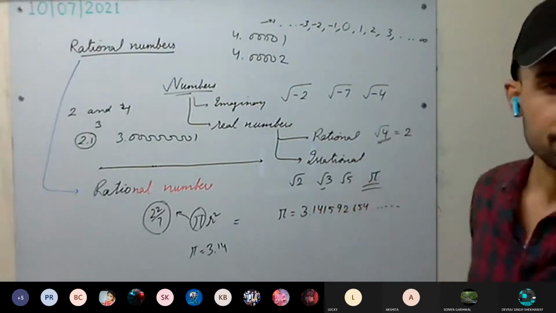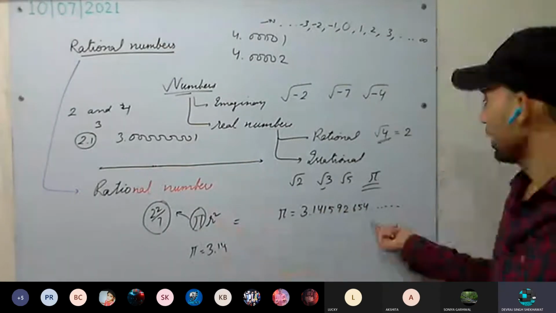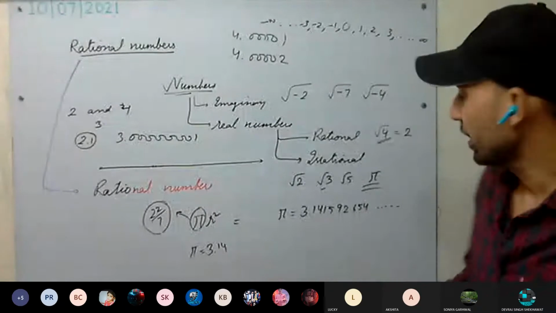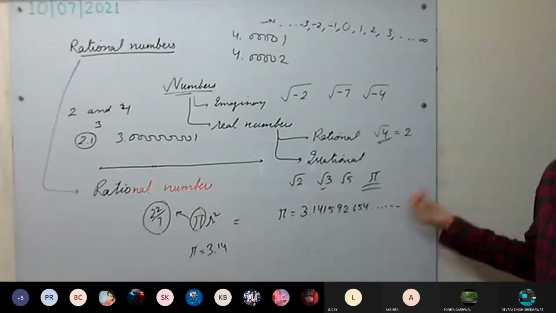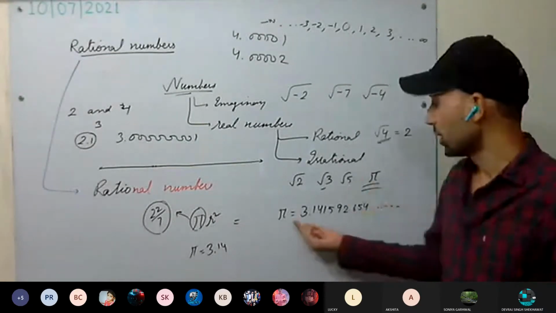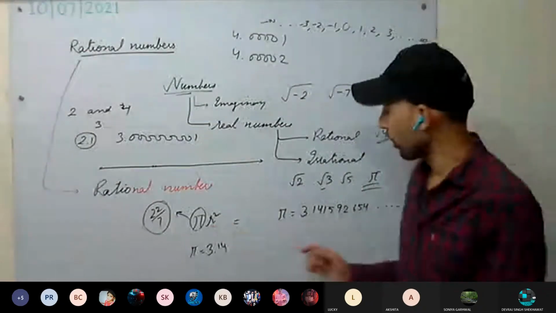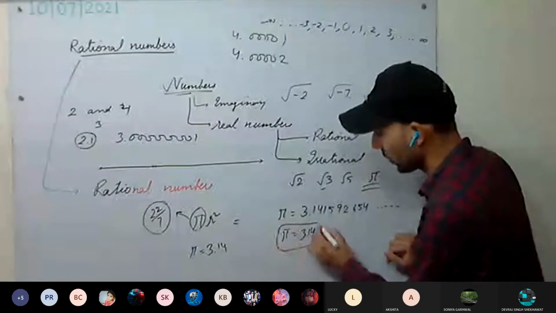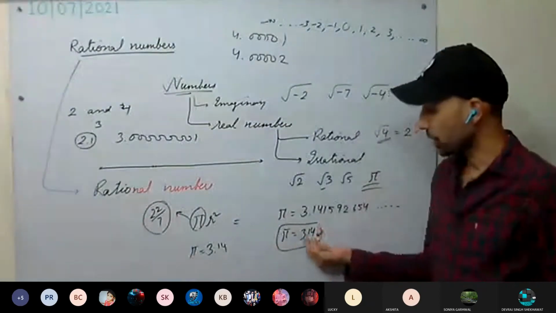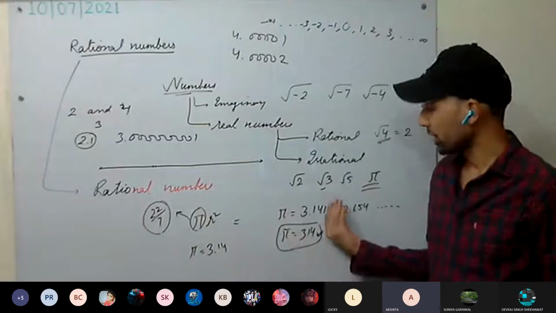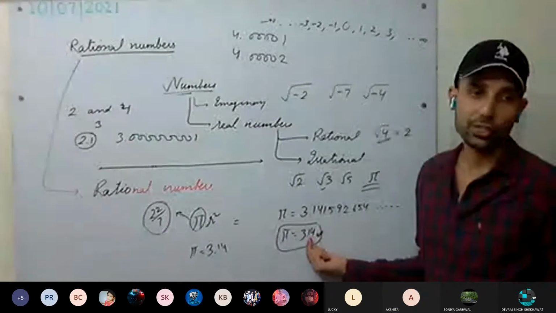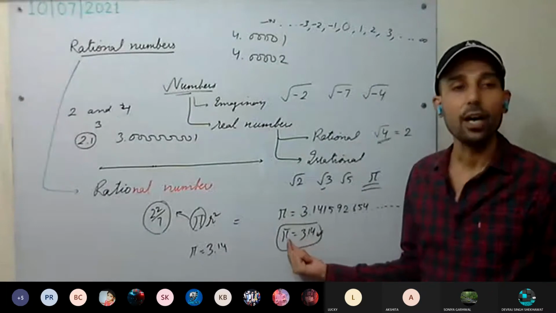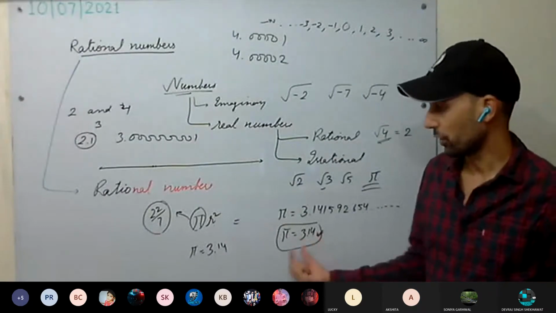Even if you sit your whole life, you won't be able to end this number. It is going and going, never ending. So pi is an irrational number, but in calculation we only took 3.14. This is the nearest value to pi. So 3.14 is a rational number. We take the approximate value, an approximate rational number, 3.14.